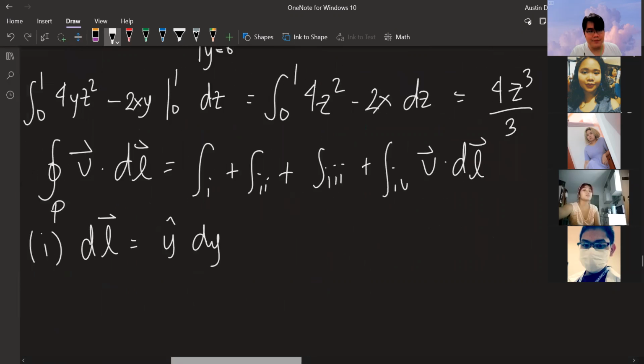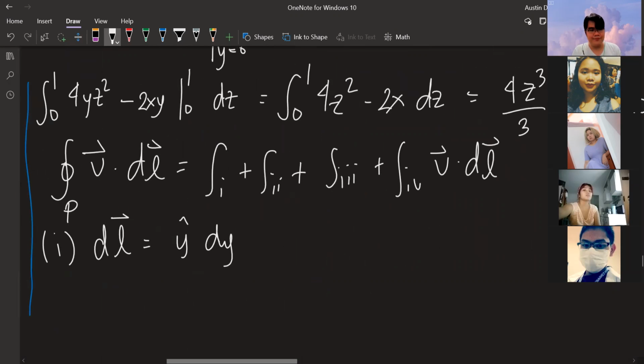Let's write our integral, dotted with y hat dy.